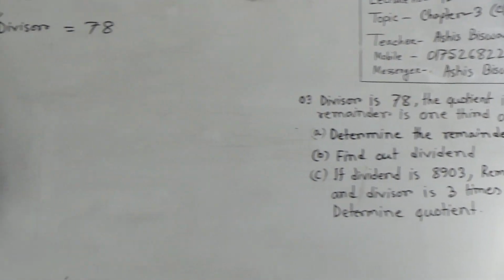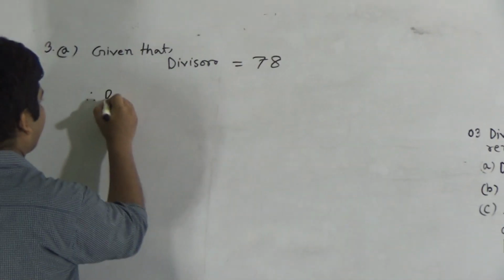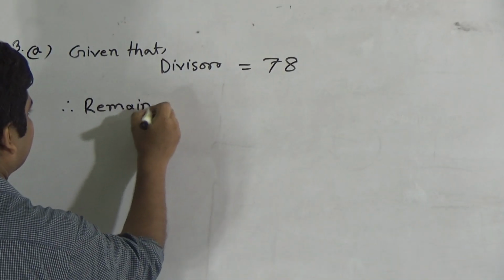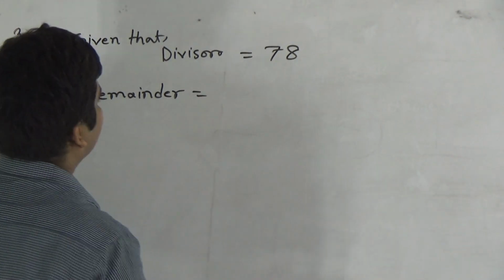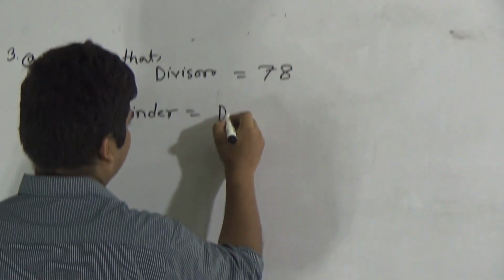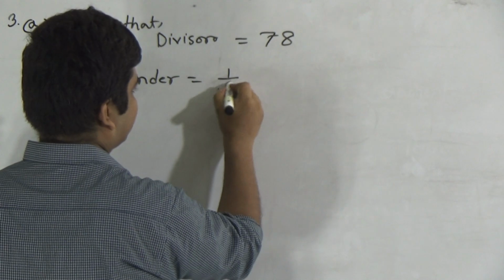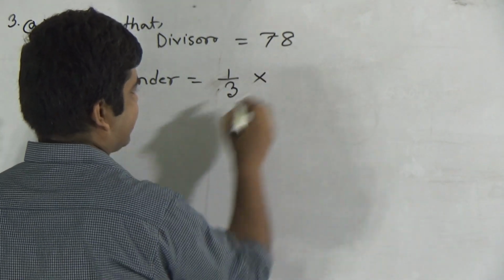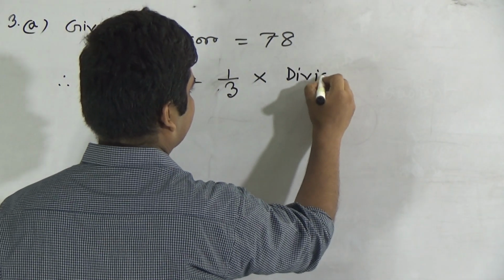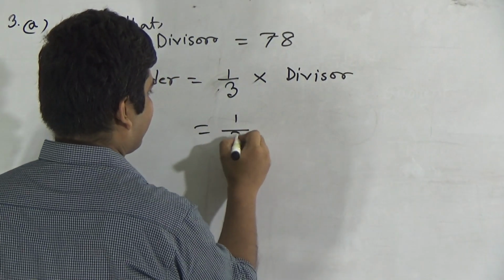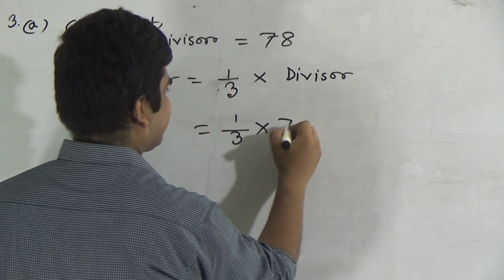Now notice, remainder equals 1/3 of, which means multiplication, the divisor. Here you notice 1 by 3 multiply the divisor, which is 78.